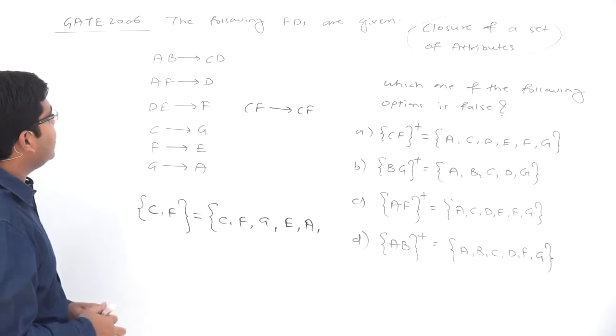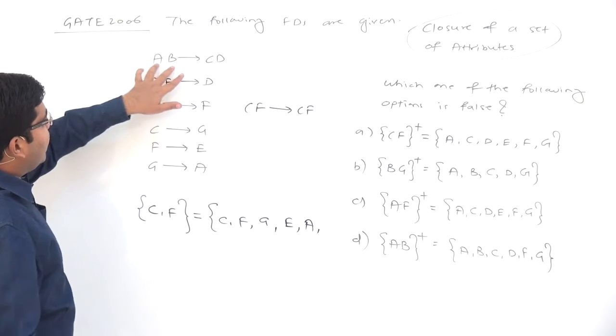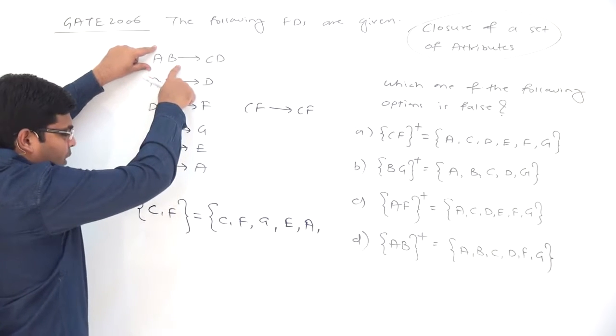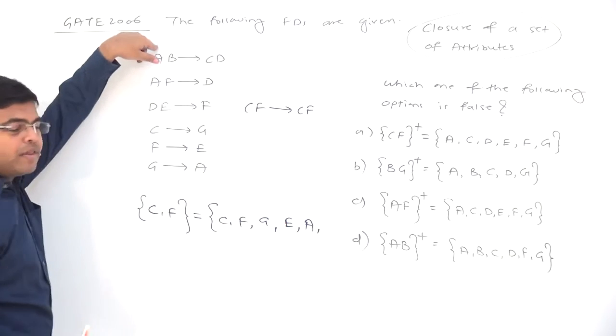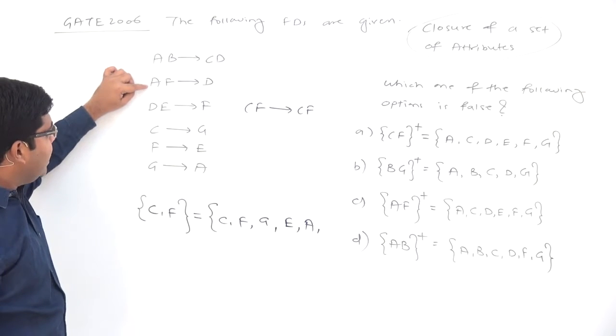For that, AB gives CD. In order to apply this FD, we need the attributes A as well as B. However, attribute A is available, but attribute B is not available, and therefore this particular FD will not be applicable. Then let us take the second FD, AF.